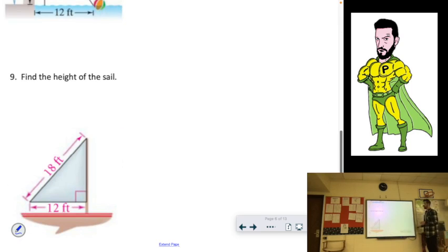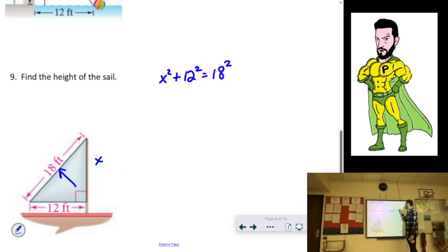Find the height of the sail. Now, is that a leg or a hypotenuse? It's a leg. Hypotenuse is always across from the right angle. So we'll call that x. So we could say x squared plus 12 squared equals 18 squared. Wow, another 12 squared, 144. I don't know what 18 squared is. 324.